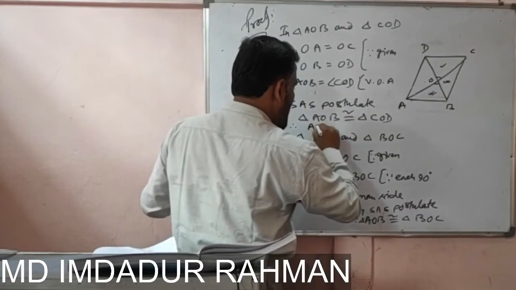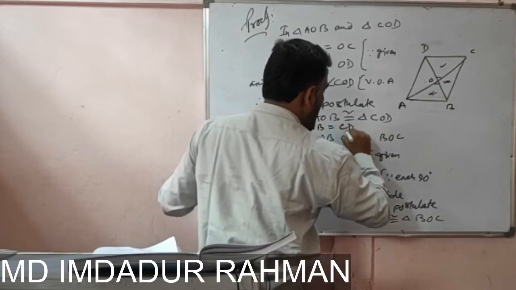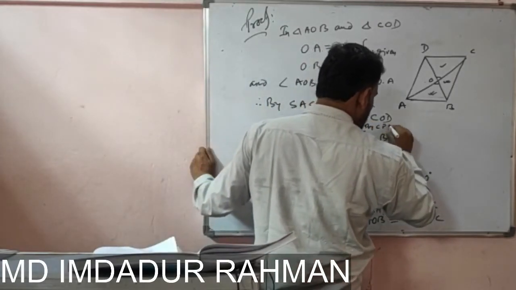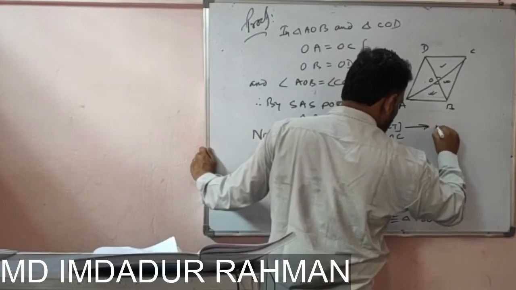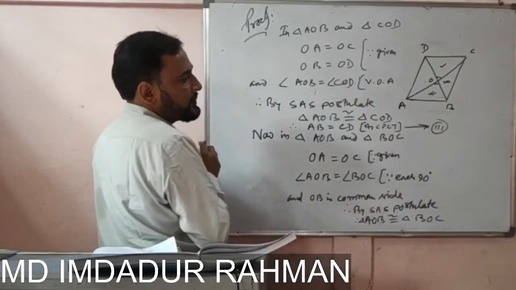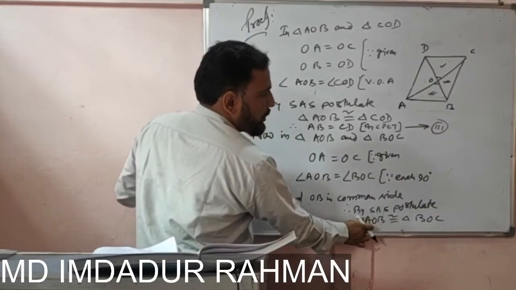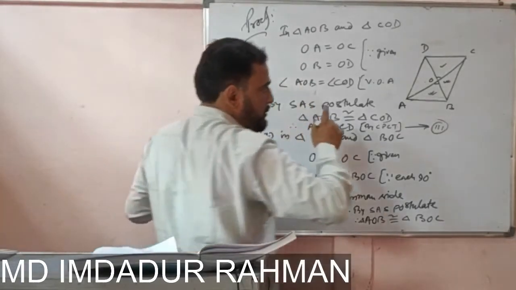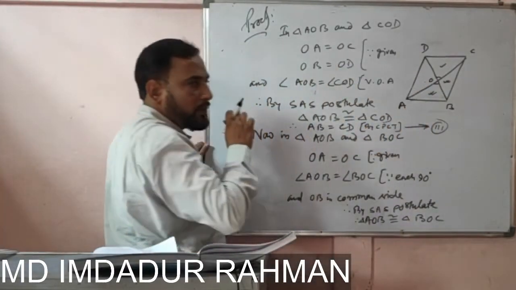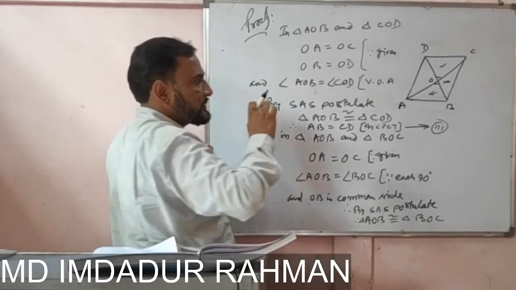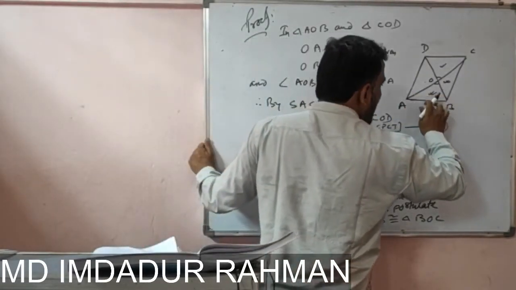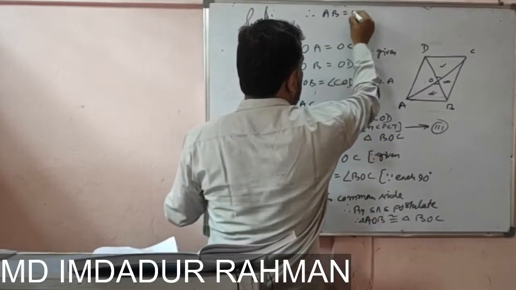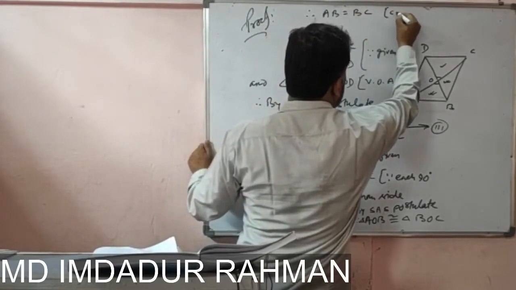So AB is equal to CD by CPCT, and mark this as equation number 3. After showing AOB and BOC as congruent, we are getting one more result: AB is equal to BC. Therefore, AB is equal to BC, also by CPCT.